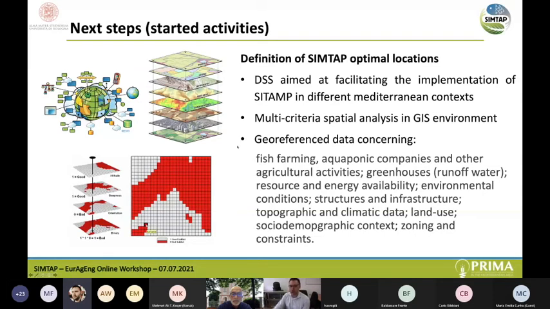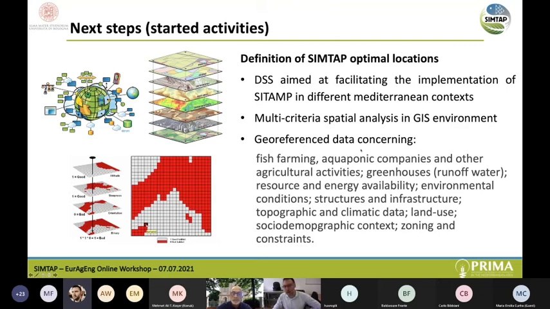We will start georeferencing data about fish farming, about aquaponic companies and other agricultural activities, in particular greenhouses, because runoff water from greenhouses can be used in the SIMTAP plants. Resource and energy availability. We will analyze the environmental conditions, structures and infrastructure availability, of course climatic data and topographic data, current land use and future zoning, and various types of constraints.